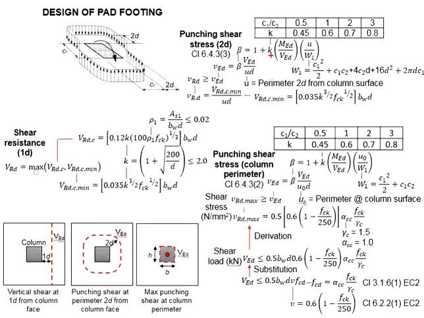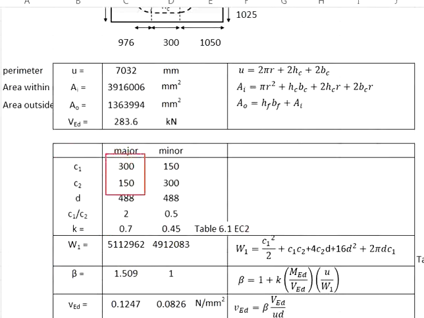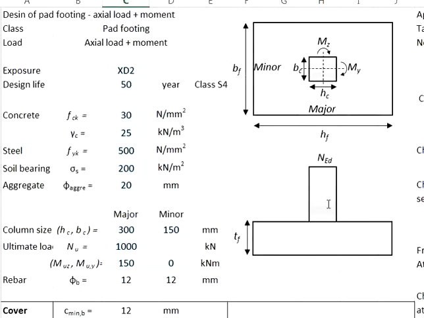And then you need to calculate the W1. W1 will be a function of C1 and C2. Based on the C1 and C2 calculated, substitute into the equation for W1. Use the average effective depth equal to 488. You get your W1. Now you have the design moment, which is equal to 150 as given in the question.